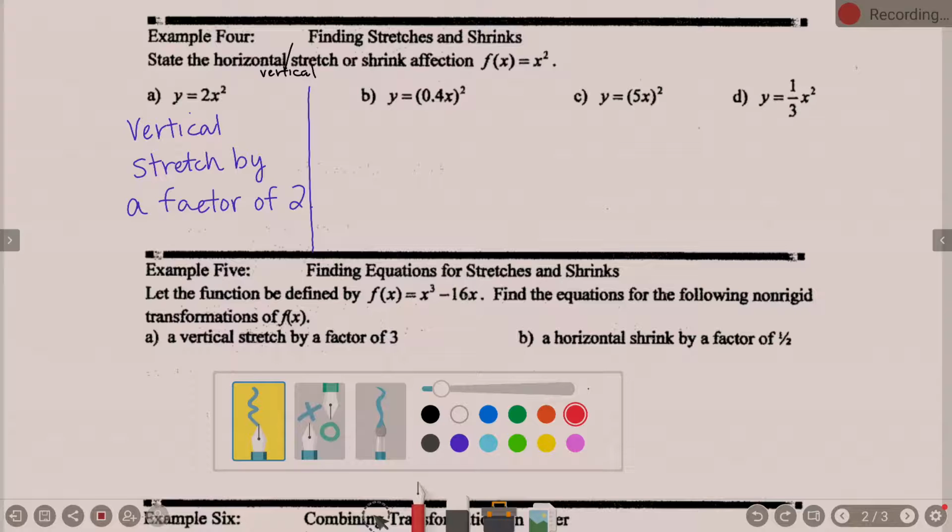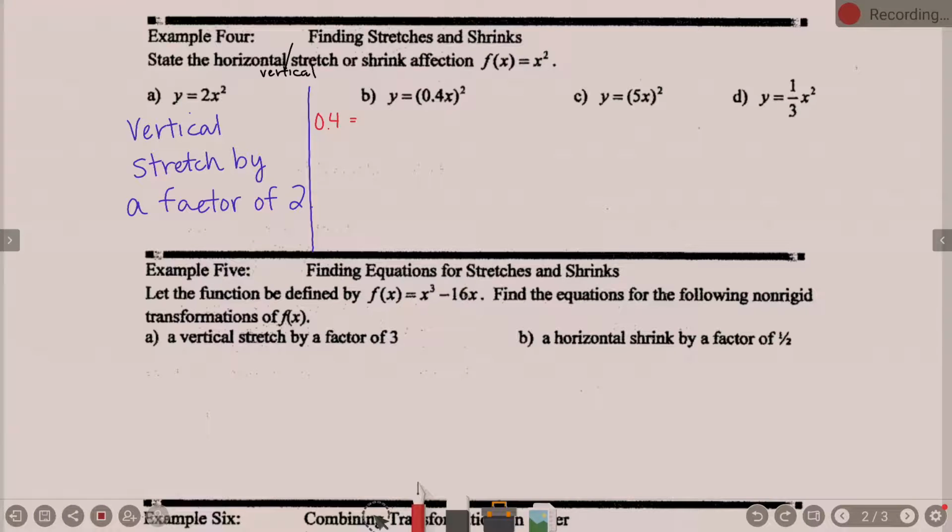In order to talk about the horizontal here, we're going to change this so that it is x divided by something. So, work with me here. What do you know about 0.4? Read properly, that is what? I say 0.4, I'm as guilty as you guys, but 0.4 is 4 tenths.